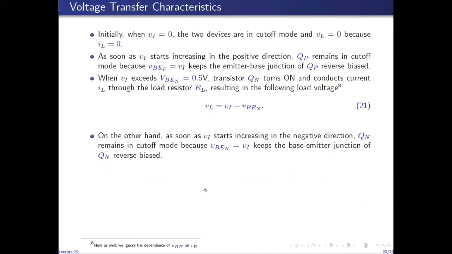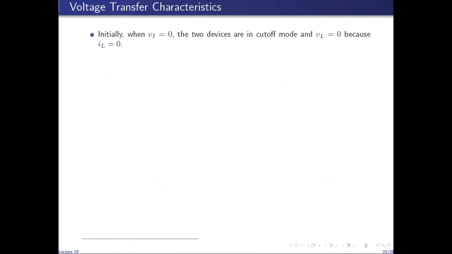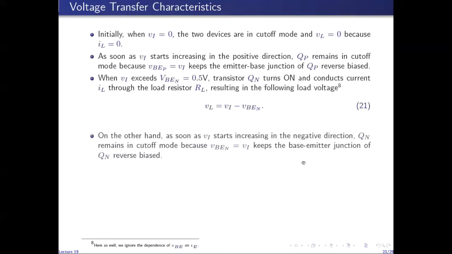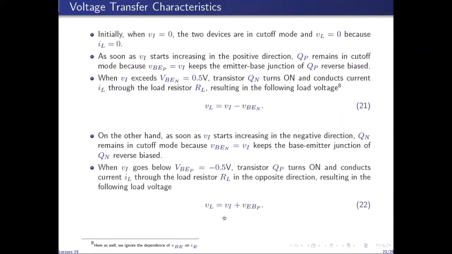So this can directly be seen from this circuit, that VL minus VI is equal to VEB of QP. So VL is equal to VI plus VEB of QP. Again, ignoring the dependence of the VEB on IE, we see that VL is a shifted version of VI.